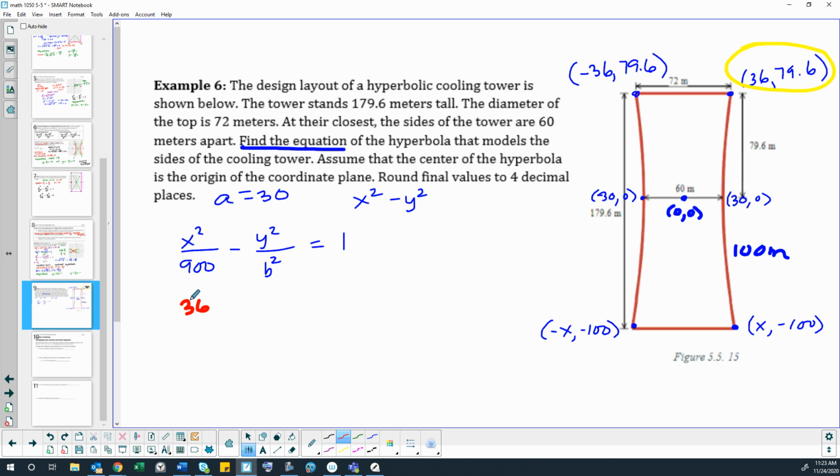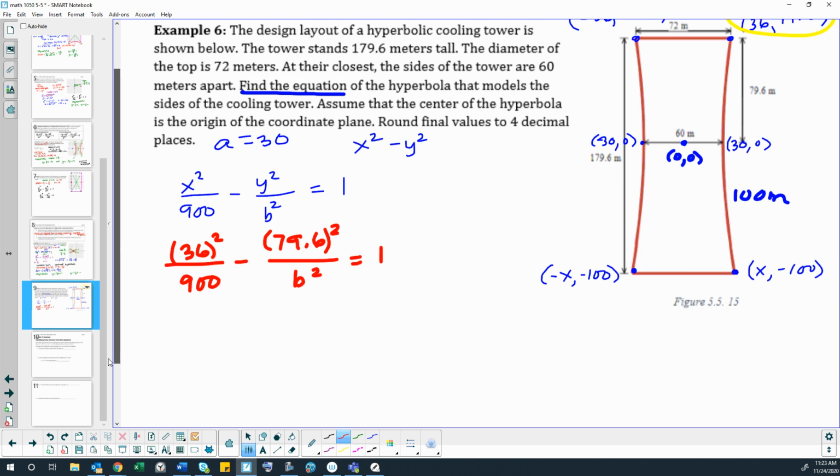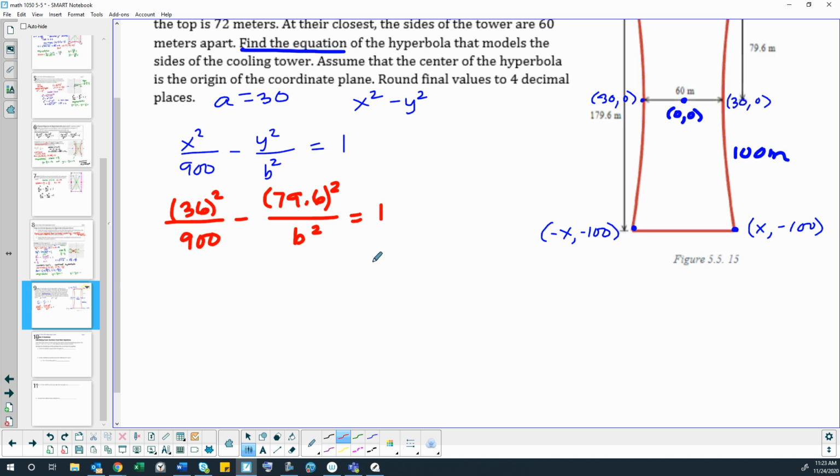So 36 squared over 900, 30 squared, minus 79.6 squared over, we don't know, equals 1. Well, how do we solve this? We're going to want to have one fraction on each side and then cross multiply, if that makes sense.